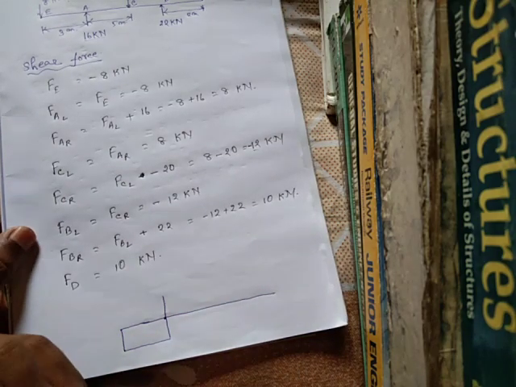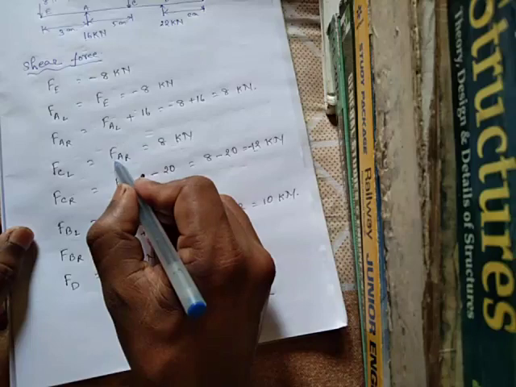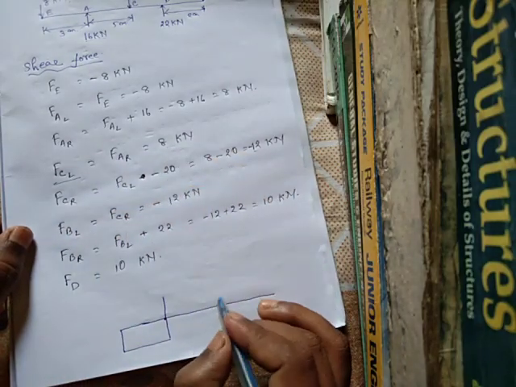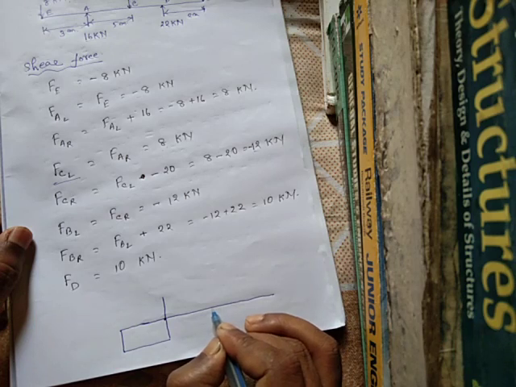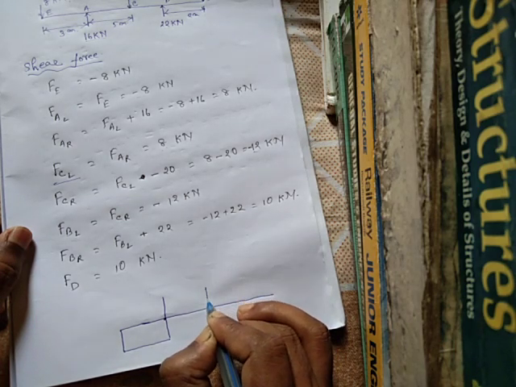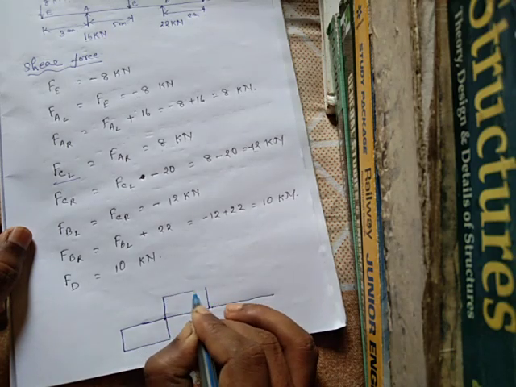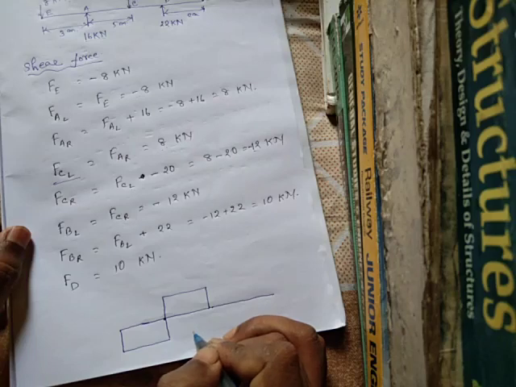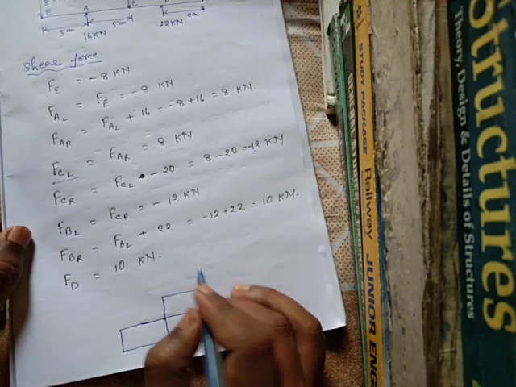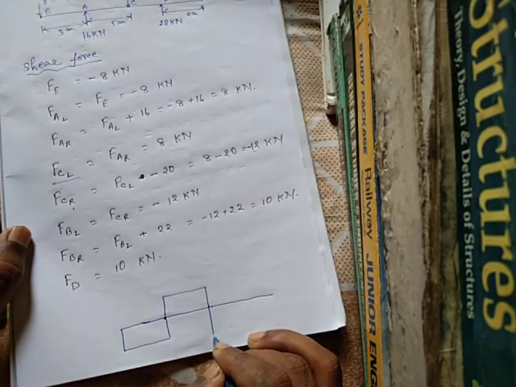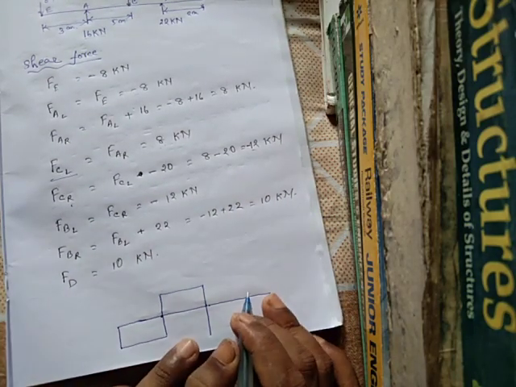Now the shear force at point C just to the left is 8 kilonewton, this is point C, and just to the right is minus 12 kilonewton. It goes down to minus 12 kilonewton.